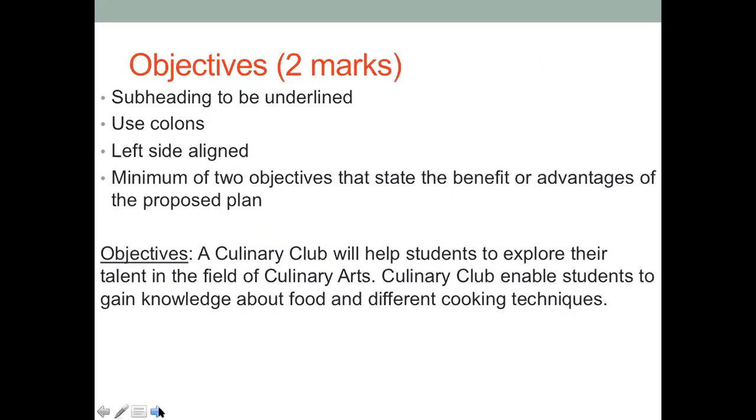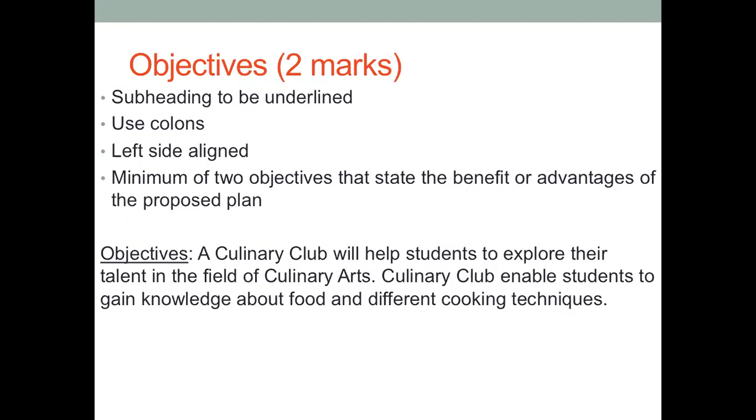After that, you move on to objectives. Objectives is like stating your aims and objectives, which will be for 2 marks. What you have to cover in objectives is simply what is the purpose, what is the aim of introducing this activity or project, or why are you suggesting such a change or event in school. So in your ISC papers, most of your proposals will always be school level proposals.